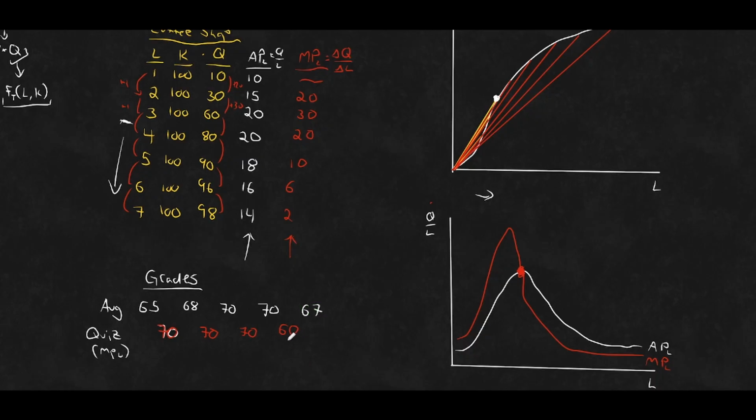As long as the marginal grade that you get is below the average, your average grade will be getting pulled down. As long as your marginal grade is above the average, well, then your average grade will be getting pulled up. And so that's exactly what we're seeing here. As long as the marginal is above the average, it is pulled up.